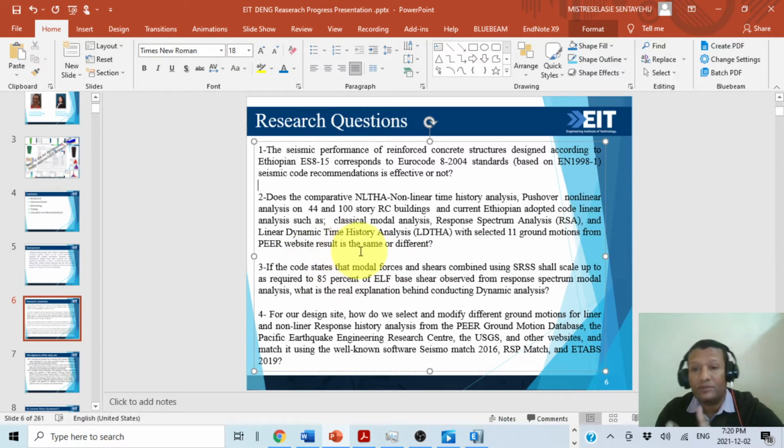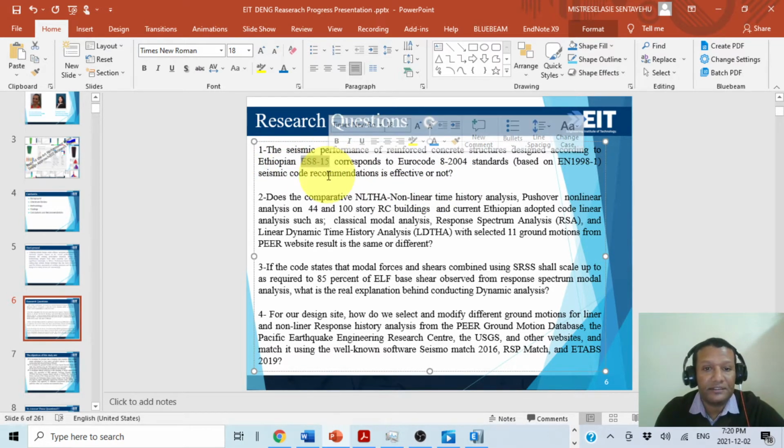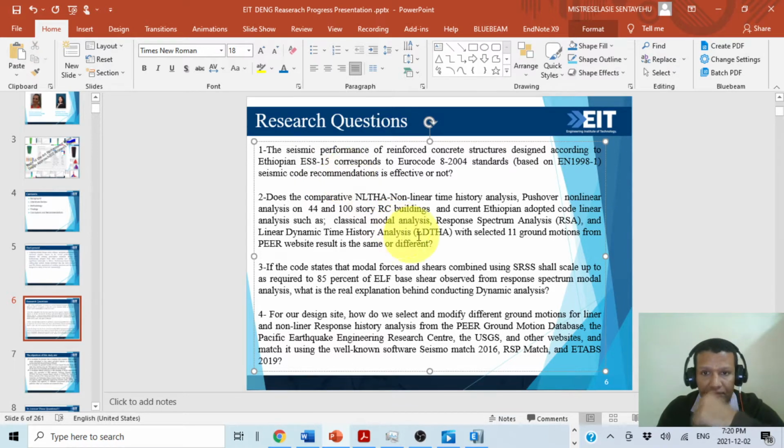Is the result the same or different? This will tell us, it will show us the shortcomings and the problems with our adopted code, not only the Ethiopian EBCS 15, but all over the world, because adopted codes and linear analysis are not adequate enough. We will see that also in the research literature review.